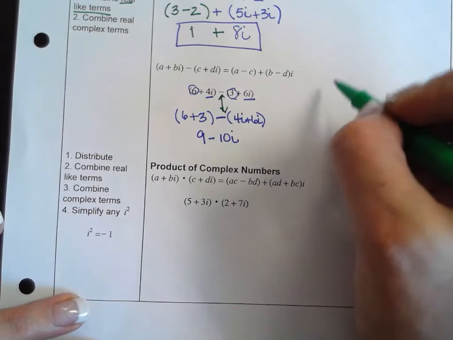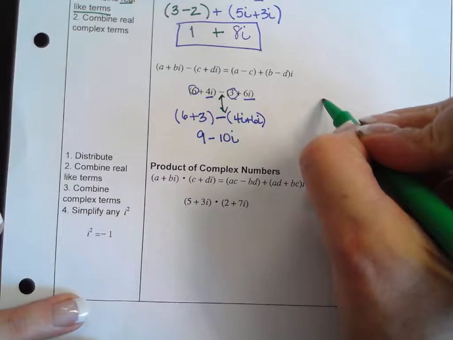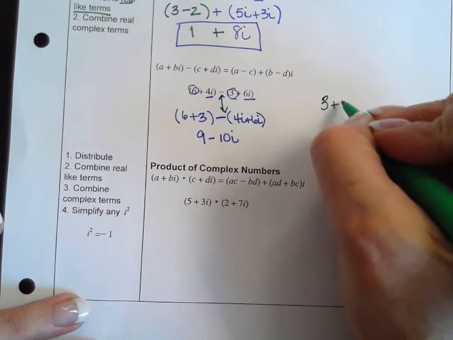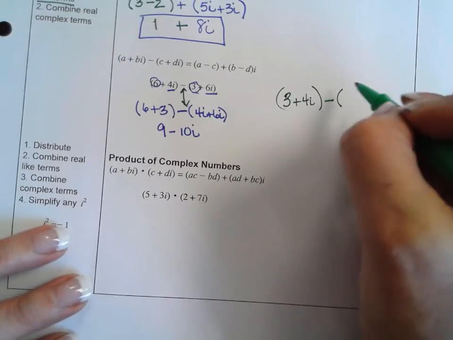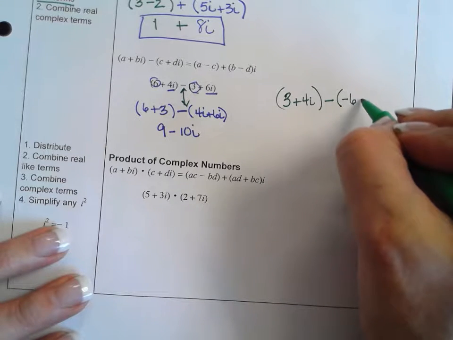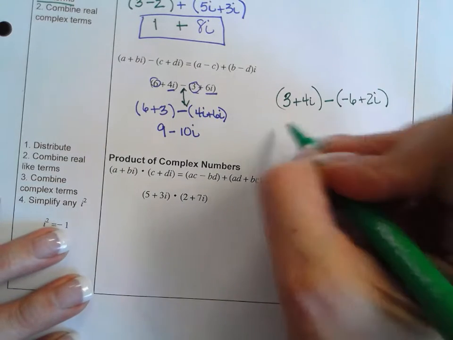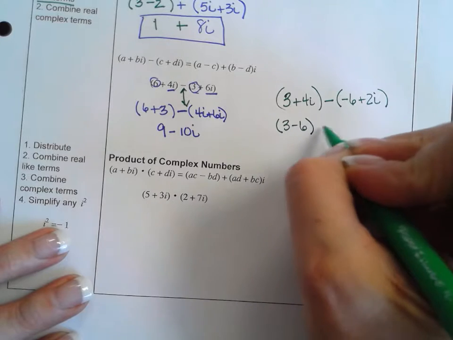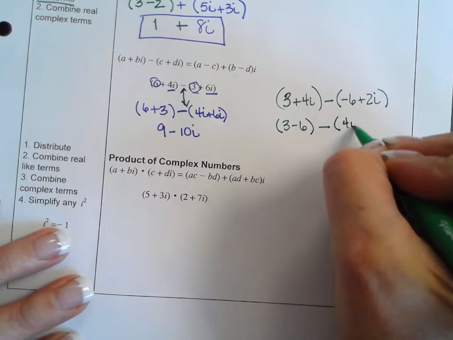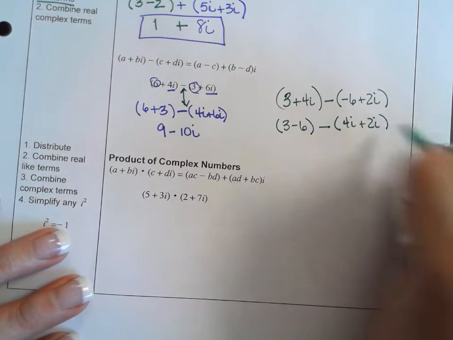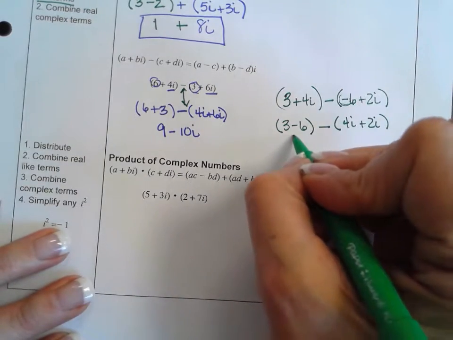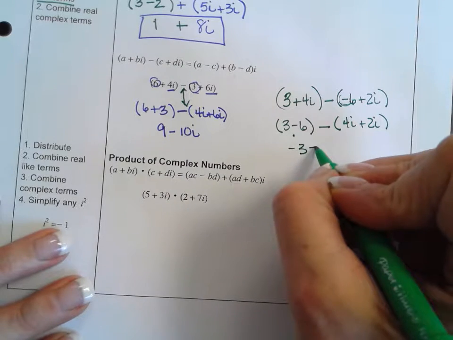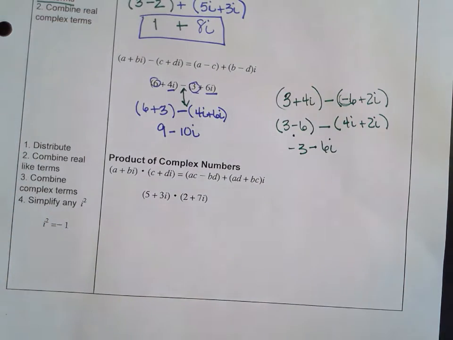So if you have one that's like 3 plus 4i minus a -6 plus 2i, that's like saying 3 minus 6 minus the 4i plus 2i. So just take the sign in front for in the middle here. 6i. Okay? Good? Easy peasy?